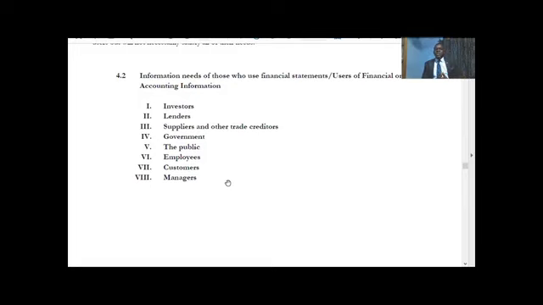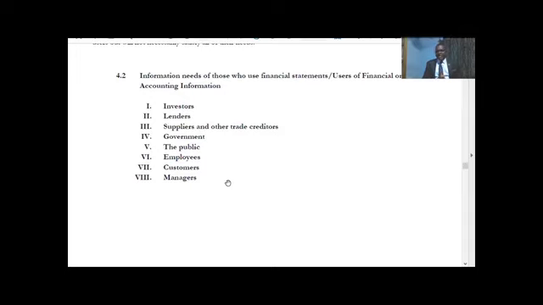Because as investors, what they are interested in is a return on the investment that they have made, if it is a shareholder, by way of dividend and capital appreciation. So an investor will be interested in the financial performance of the entity.